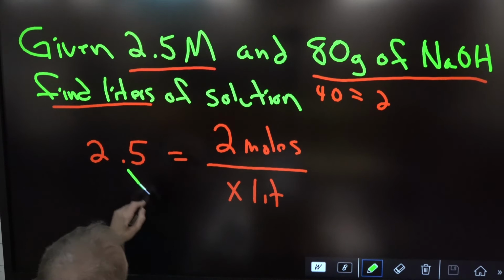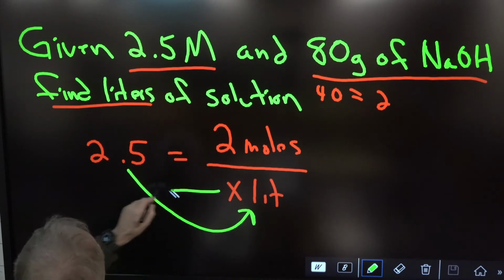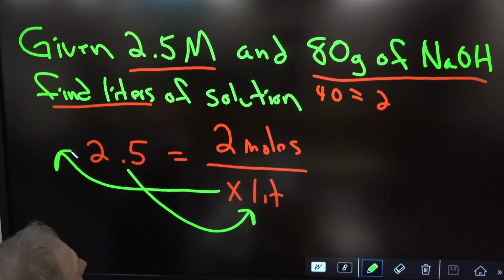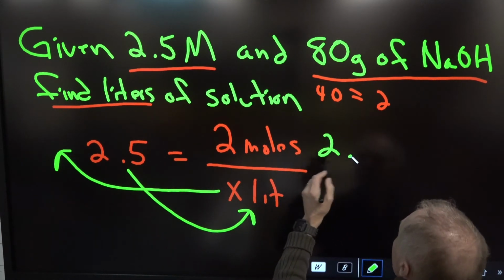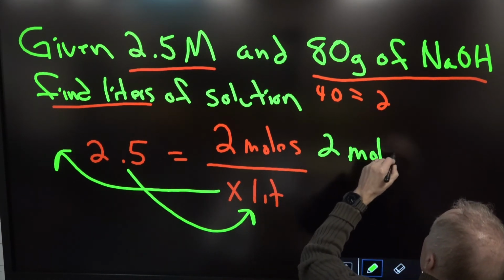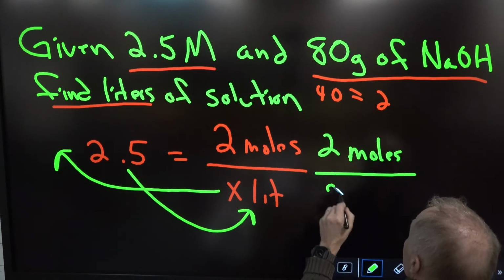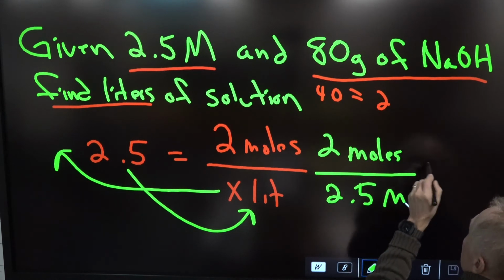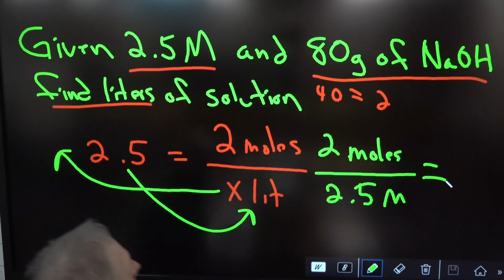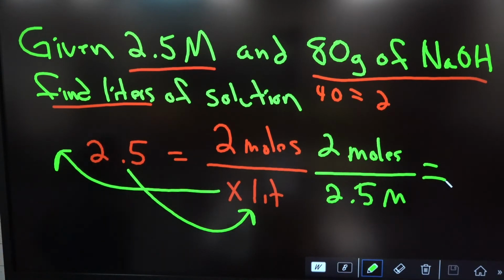So X goes over to here, and it will be 2 moles over 2.5 big M. So 2 divided by 2.5.